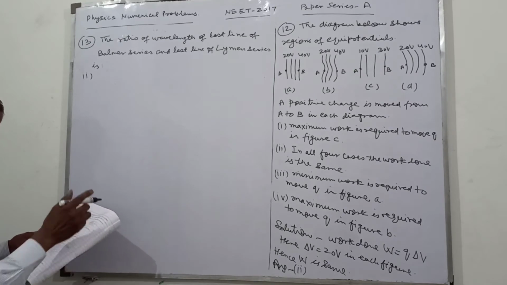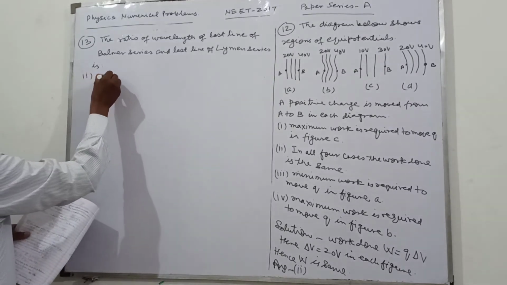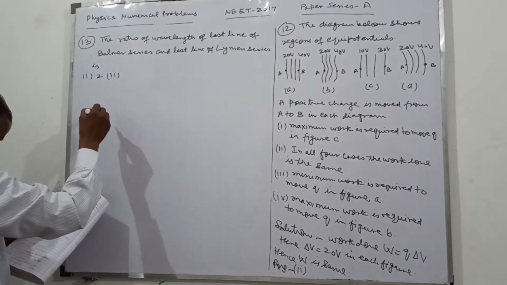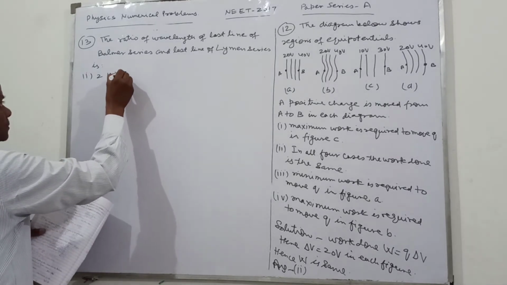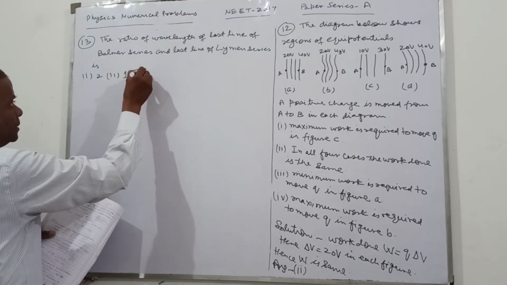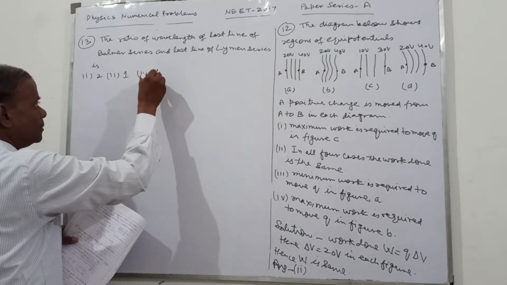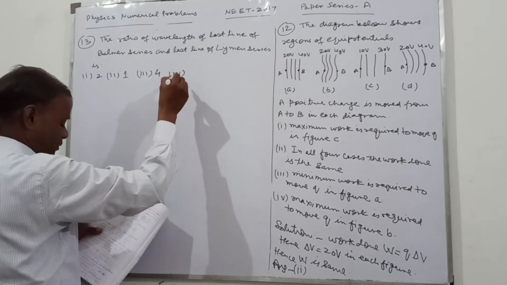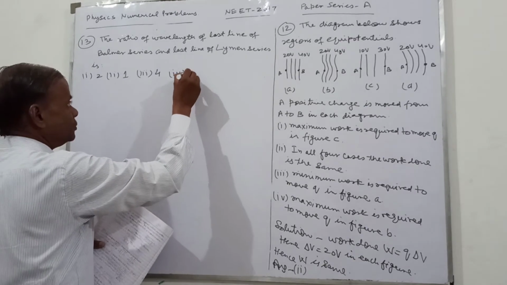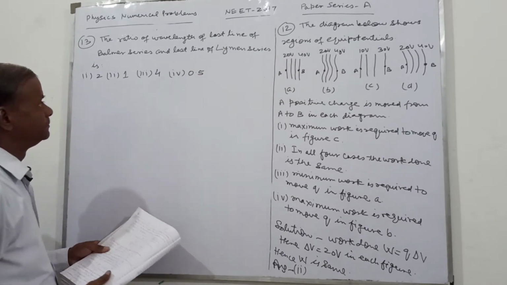First is 2, second is 1, third is 4, and fifth is now 0.5.